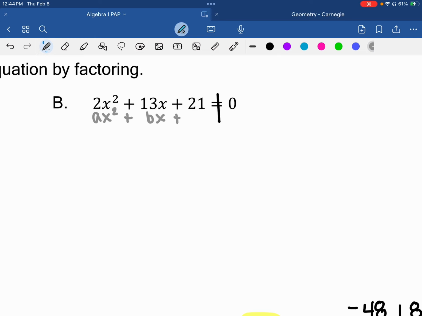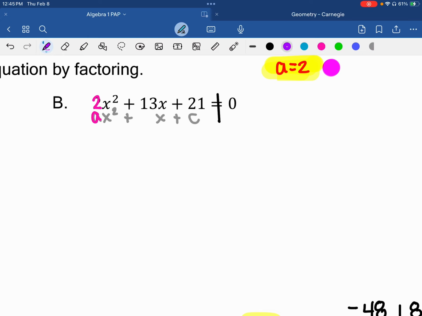As I'm writing ax squared plus bx plus c, I'm noticing that A is equal to 2 this time. So as I highlight it, I'm going to have to remember that I have an extra step. To help remind me, I'm going to put another colored dot right there. I have to do an extra step.